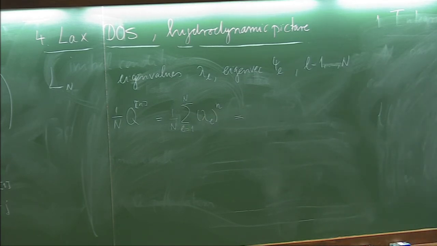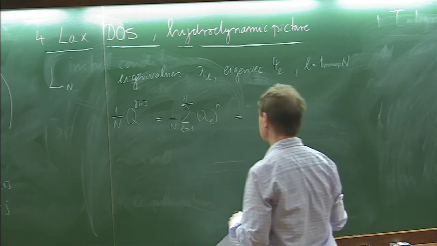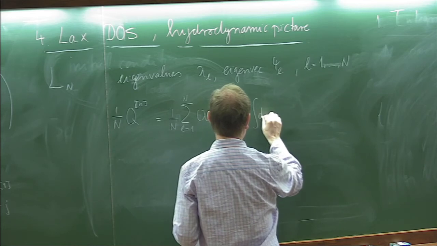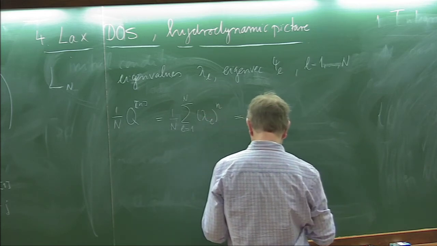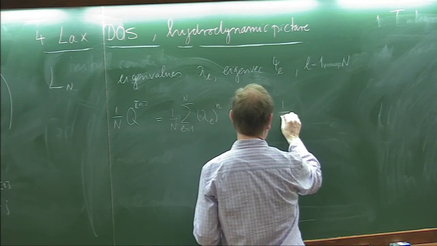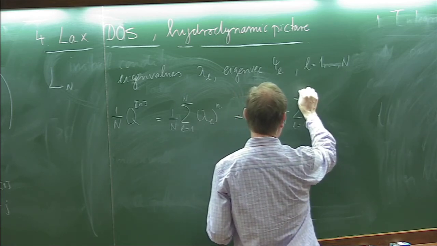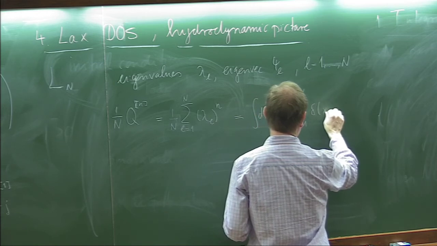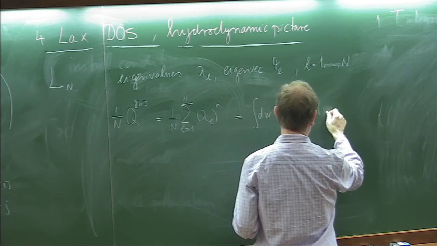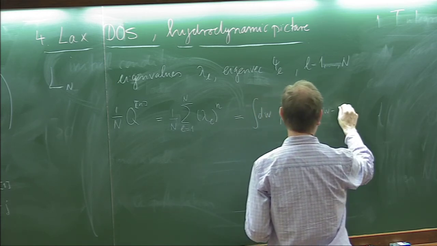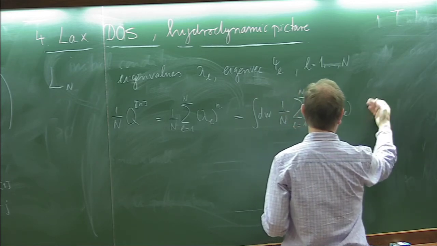I can write this as an integral over w. And then I write this as 1 over N, summation l equal 1 up to N, delta of w minus the eigenvalue, which was called lambda_l.